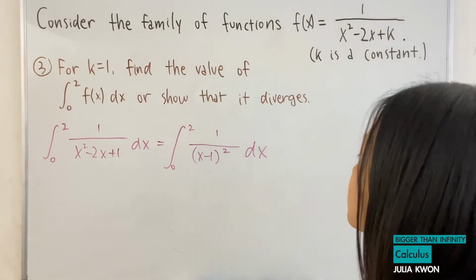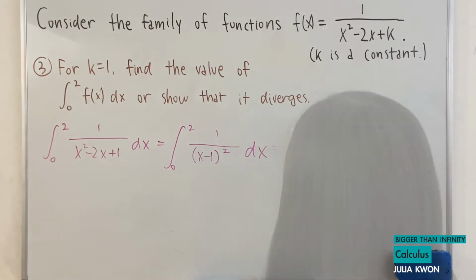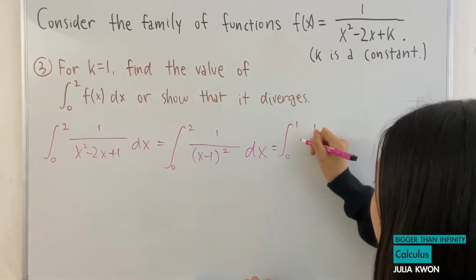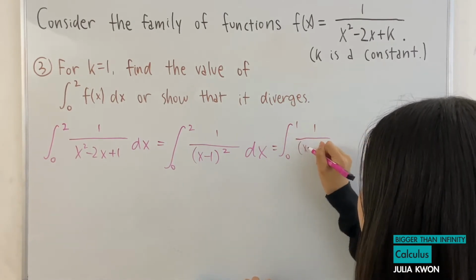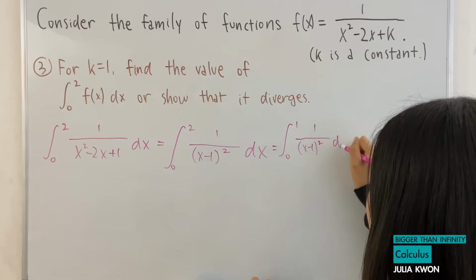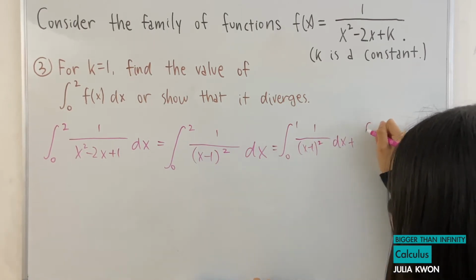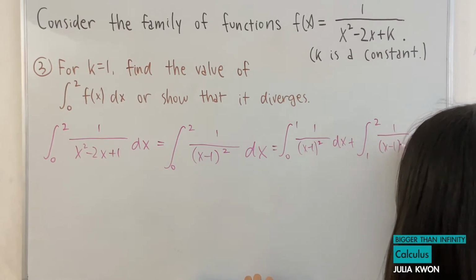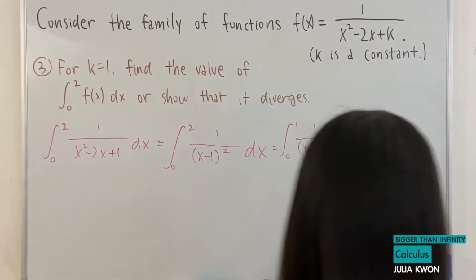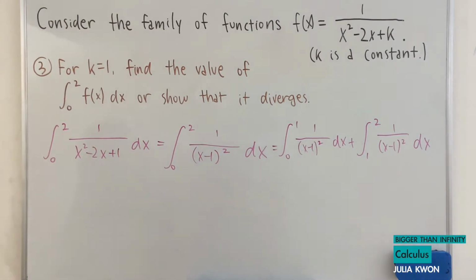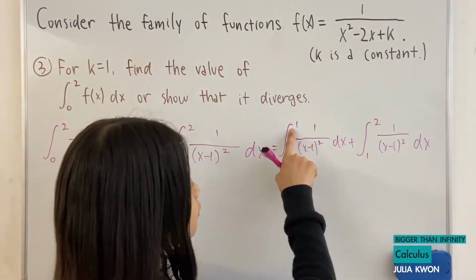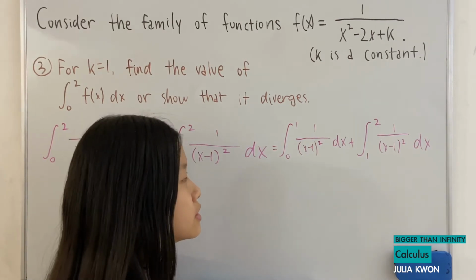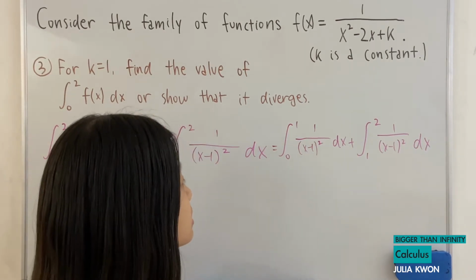So we have to break this up into two parts: the integral from 0 to 1 of 1 divided by (x minus 1) squared dx, added to the integral from 1 to 2 of 1 divided by (x minus 1) squared dx. And we still have the 1 here, and if we put in the 1 after we integrate, we'll get 1 over 0, which does not exist.